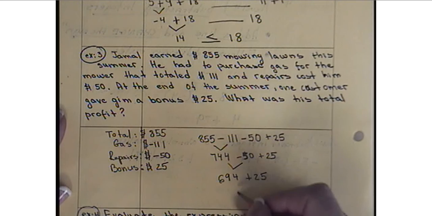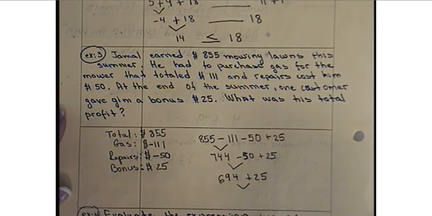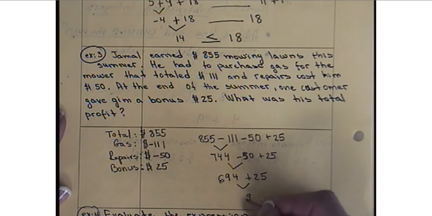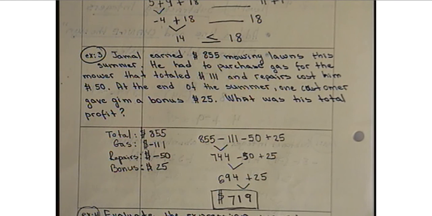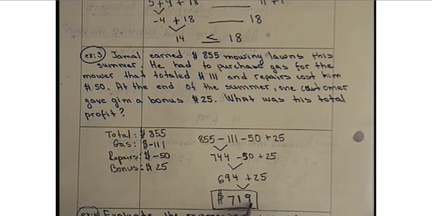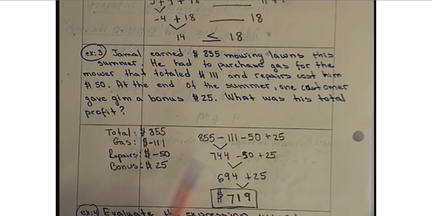So final step, we're adding those two numbers and we will get $719 as a profit, or money that he got in his pocket. So from $855, Jamal was able to make 719. The difference between those two were some expenses that he had to pay for.